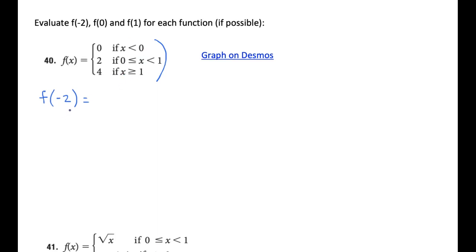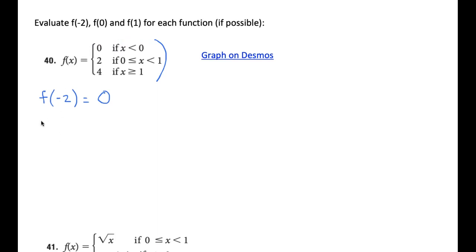Well, -2 is less than 0. So in that case, we're looking at this condition right here. So we've got f of x equals 0 if x is less than 0. So that means f of -2 is 0.